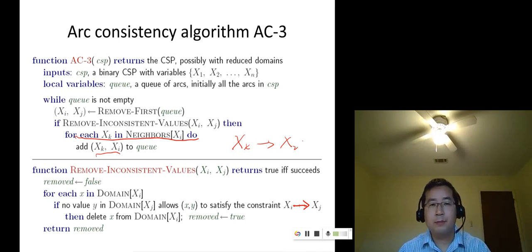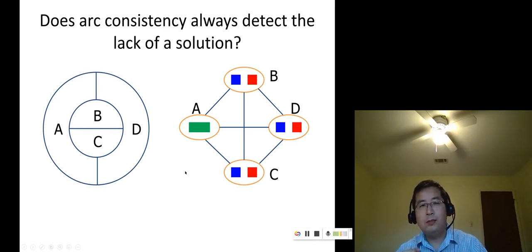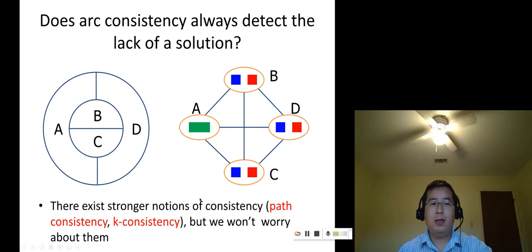Okay. So that's all for this chapter, and the remaining several slides are only very short descriptions. For example, besides arc consistency, are there other things to improve? In fact, we have path consistency and k consistency.